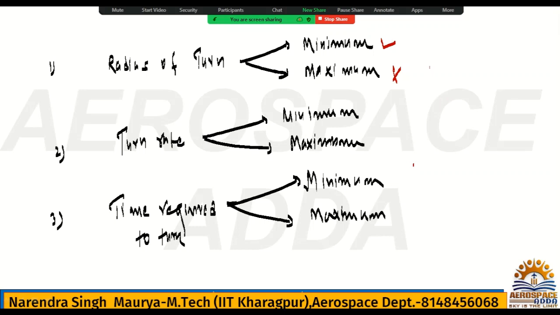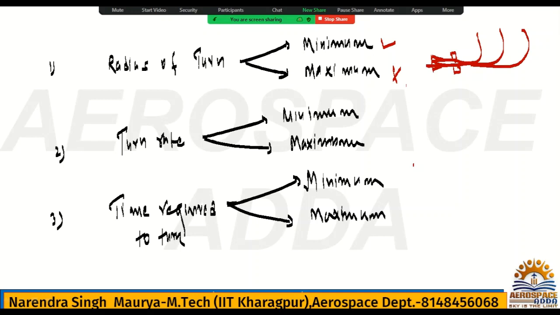Suppose this is the aircraft here, you just think in this way, it's very simple. This is the aircraft, and one turning is here, another is here. These are the different turning radii. So what will be the minimum turning radius that the pilot will follow?